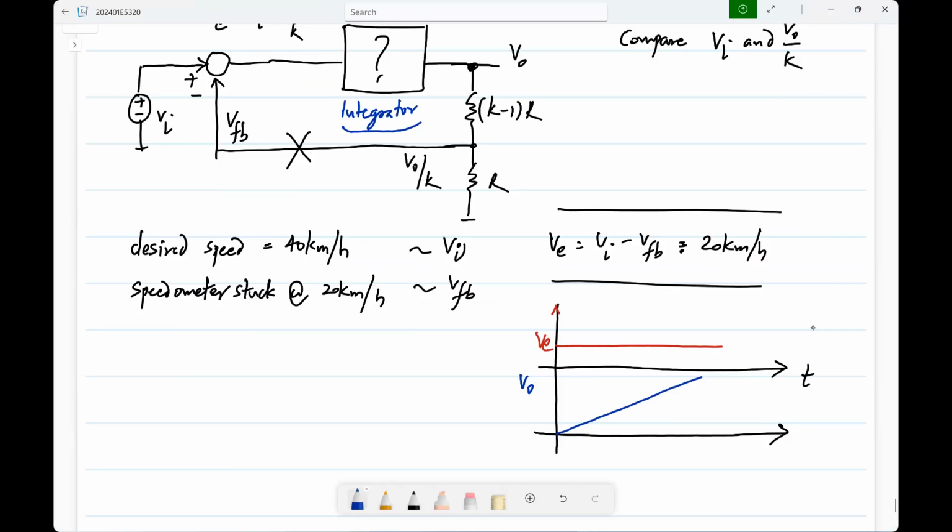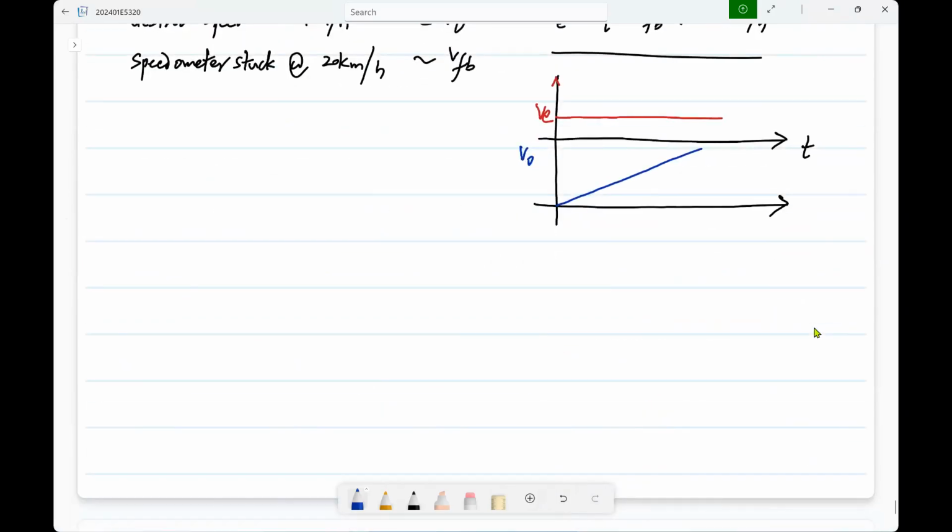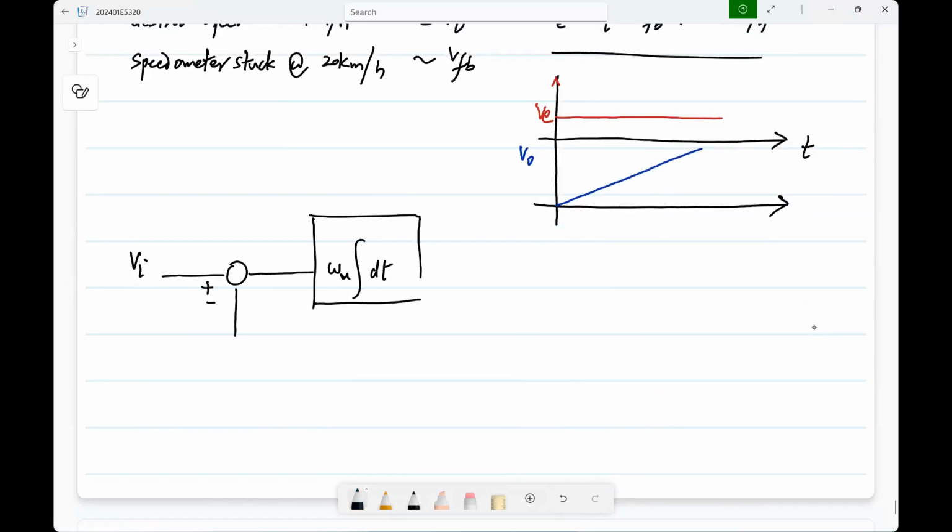So now this is basically what we want to implement. Let's say we have Vi. There has to be some constant here that appropriately relates the input and the output. In this case, the input is a voltage, the output is a voltage, so this whole thing has to be dimensionless, and that number has dimensions of omega u.